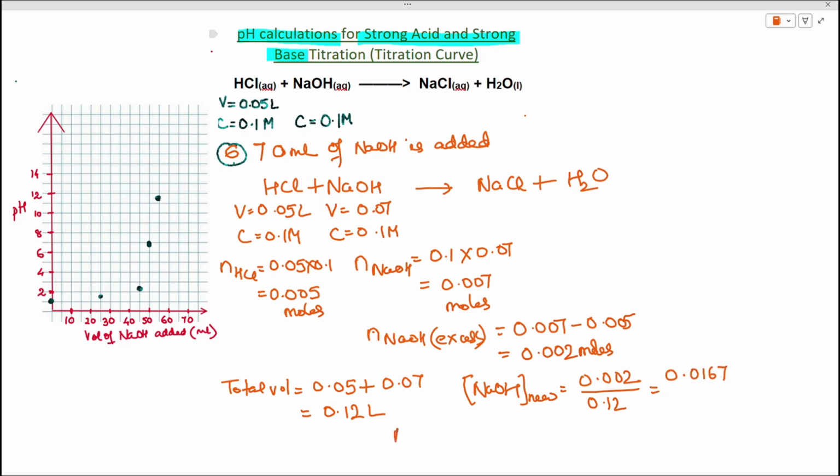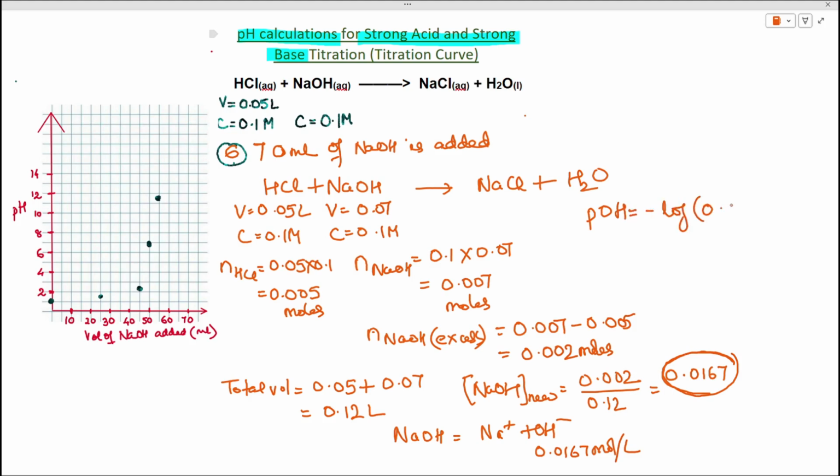0.0167. And because it is again a strong base, breaking down into Na positive and OH negative, the concentration of OH negative is still going to be 0.0167 moles per liter. Our pOH is going to be equal to negative log of 0.0167.